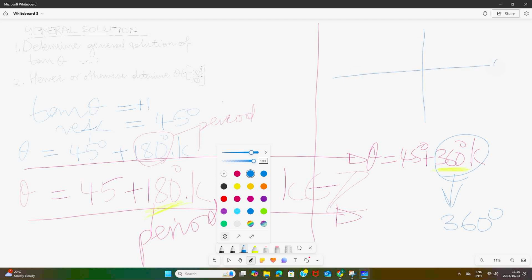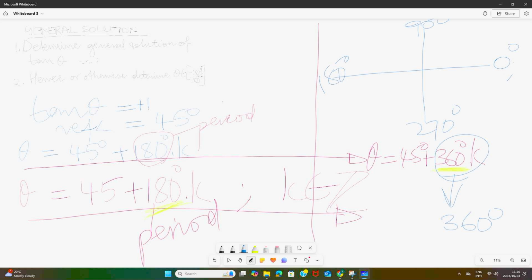This is the Cartesian plane that I'm talking about: 90 degrees, 180 degrees, 270 degrees, and 360 degrees. That is the rotation in a Cartesian plane. The 360 means the full revolution in a Cartesian plane.